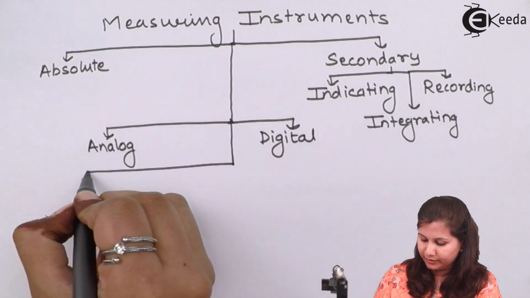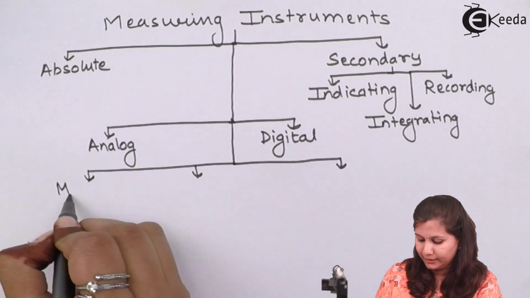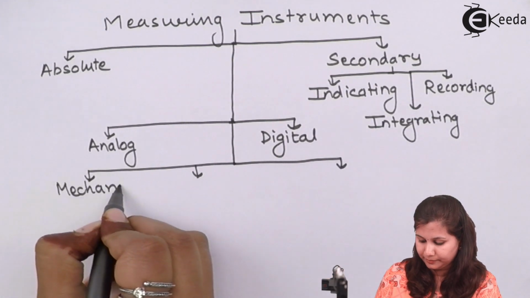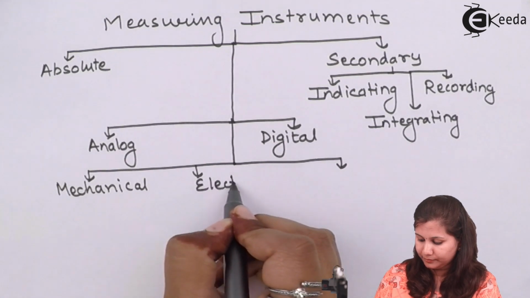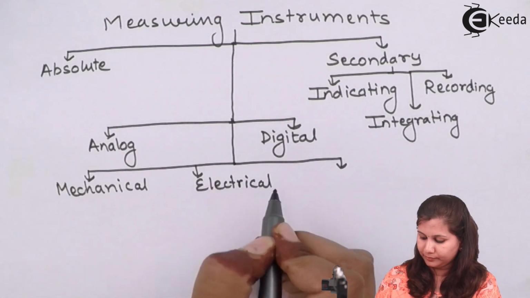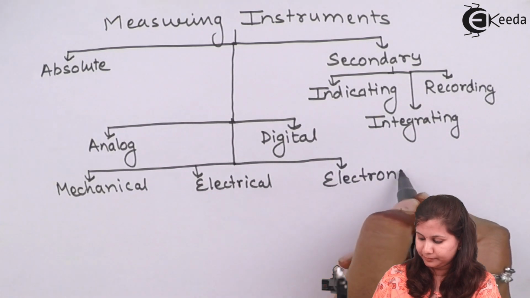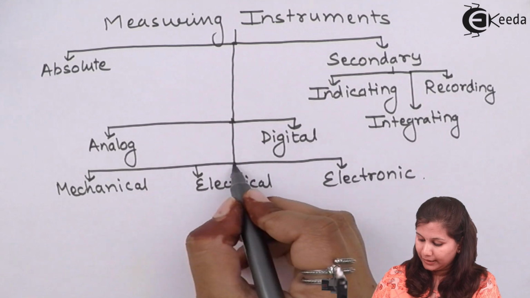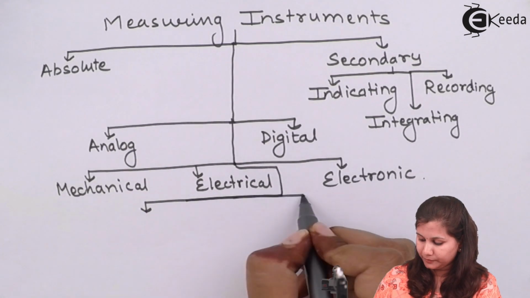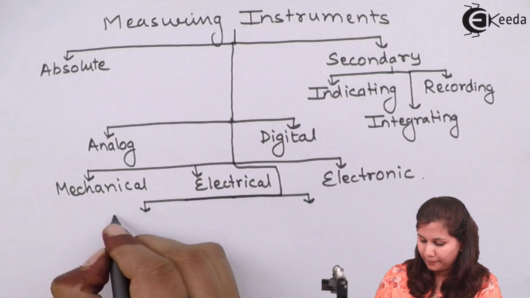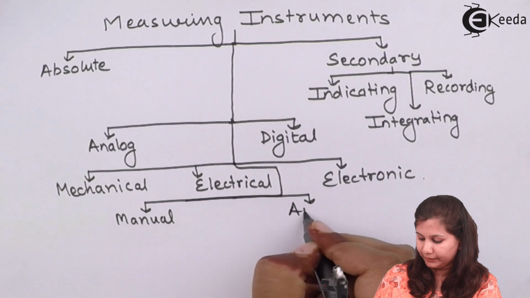Next we studied the classification mechanical, electrical, and electronic. The next classification we studied was manual and automatic.